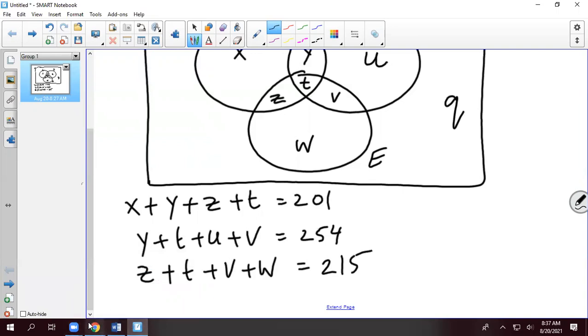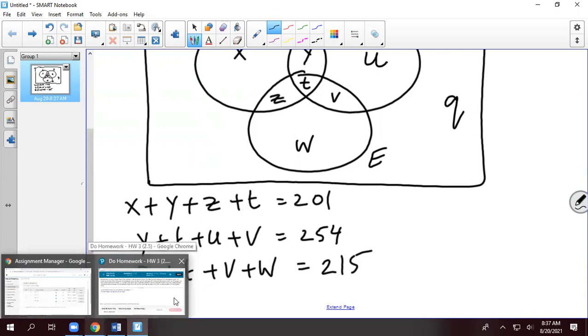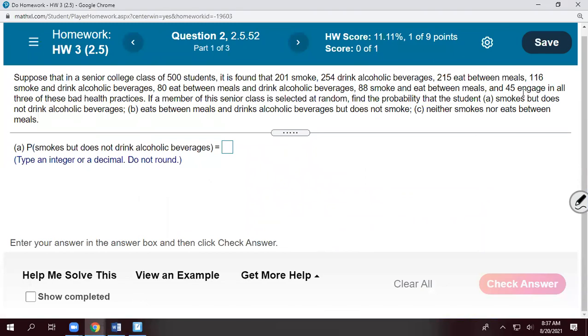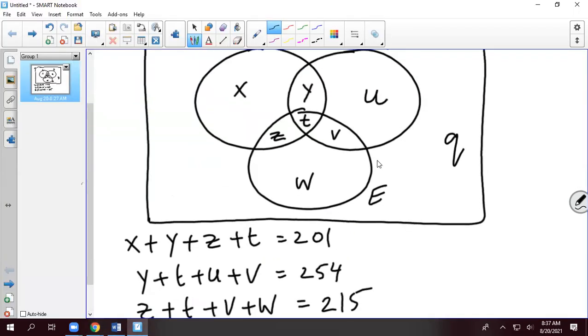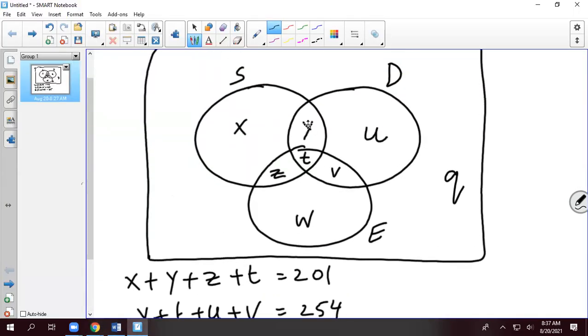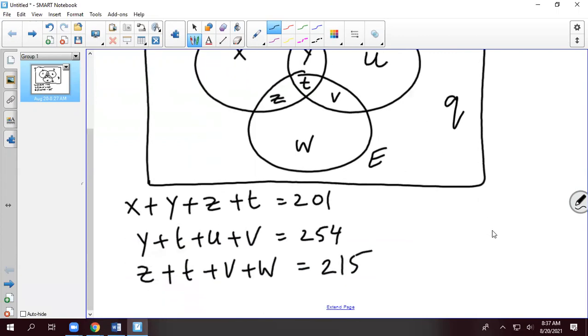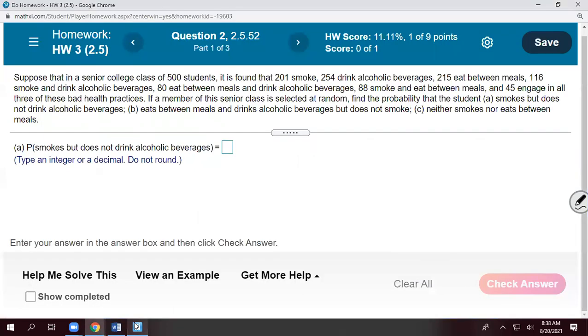And then we are told that 116 smoke and drink. Smoke and drink is Y plus T, so Y plus T is equal to 116. Then 80 eat between meals and drink.